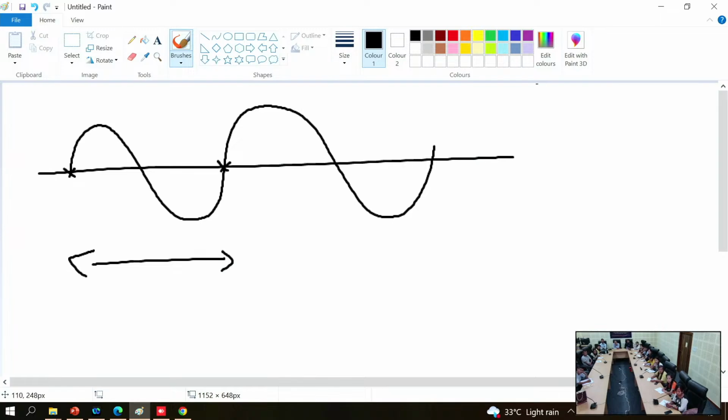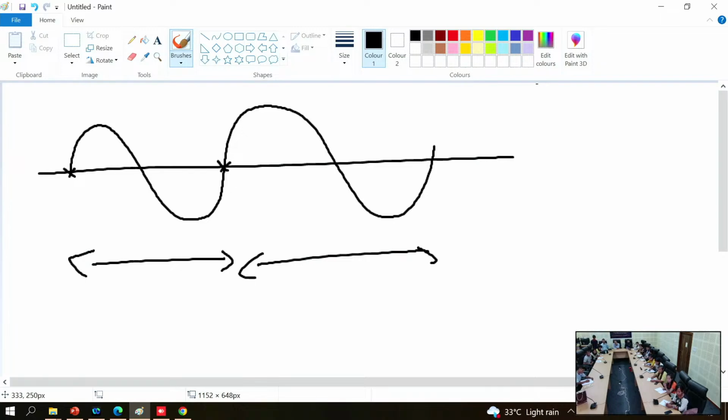So this next wave is over here. So one full upper location and one full lower location, okay. So this crest and this trough, the upper one is called crest and lower one is called trough. So crest and trough together make one wave. The distance from here to here is a wavelength. Okay.